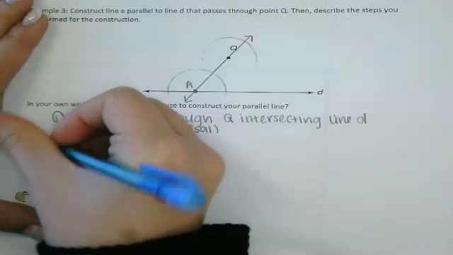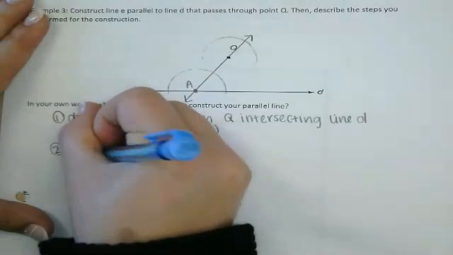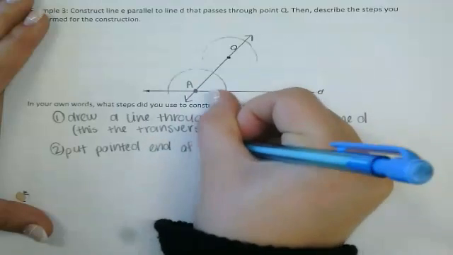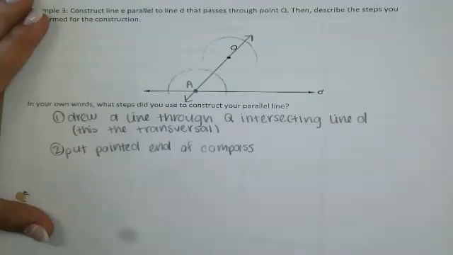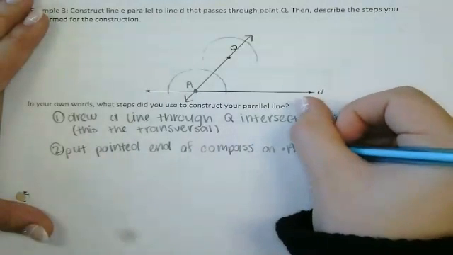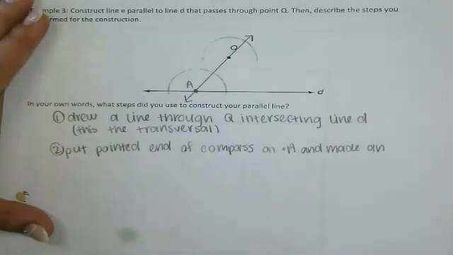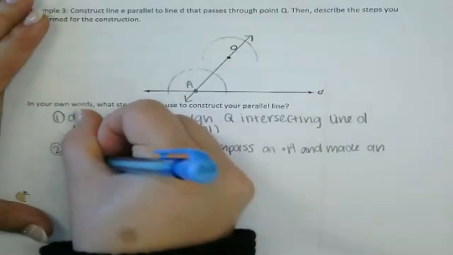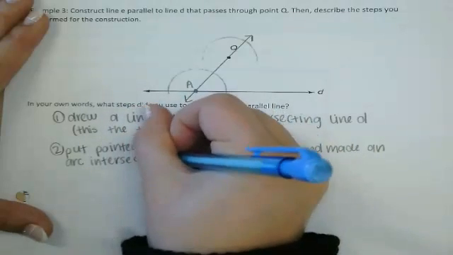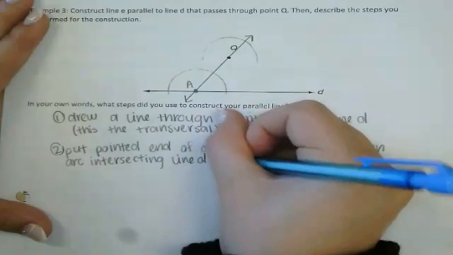So we, step 2, put the pointed end of the compass on point A and made an arc that would intersect line D and our transversal.